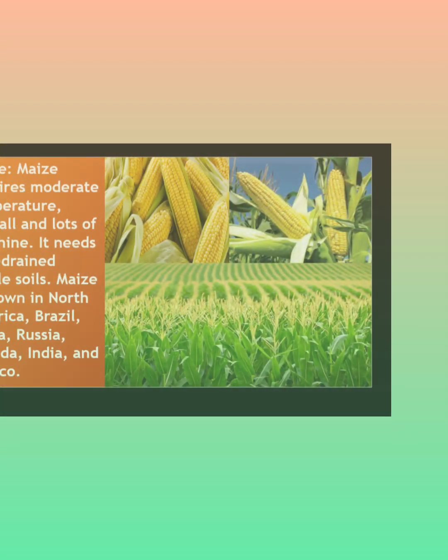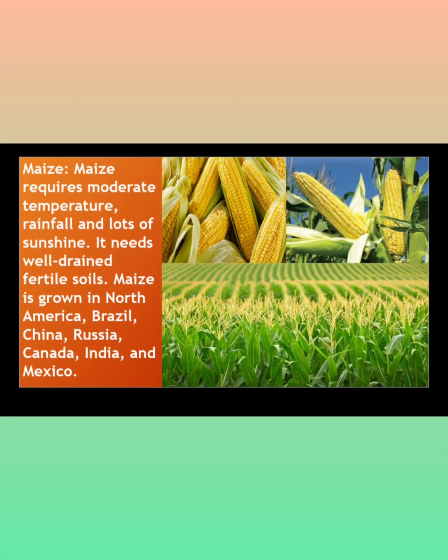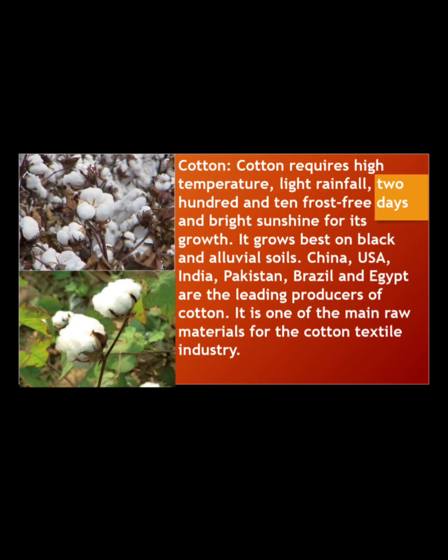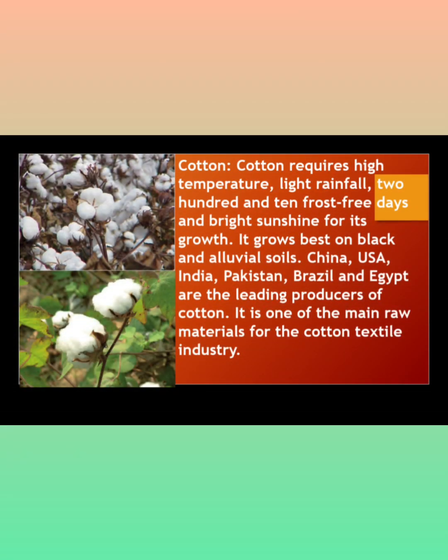Students, now cotton. Cotton requires high temperature, light rainfall, 210 frost free days, and bright sunshine for its growth. It grows best on black soil and alluvial soil.